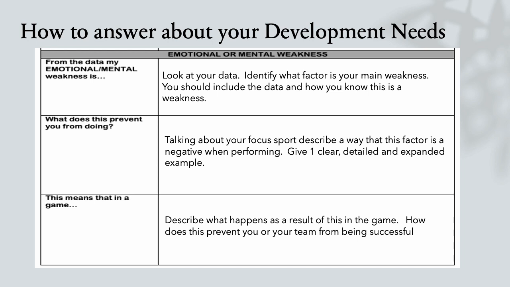So maybe in comparison to the other data you collected, if you're talking about the performance profiling wheel, or if it's in your standard tests, you're just looking at what your strongest scores were, or in this case, your weakest scores. Then when you've done that, you're going to go on to talk about your focus sport. So you're going to give an example of a way that factor has a negative impact on your performance when you're playing.